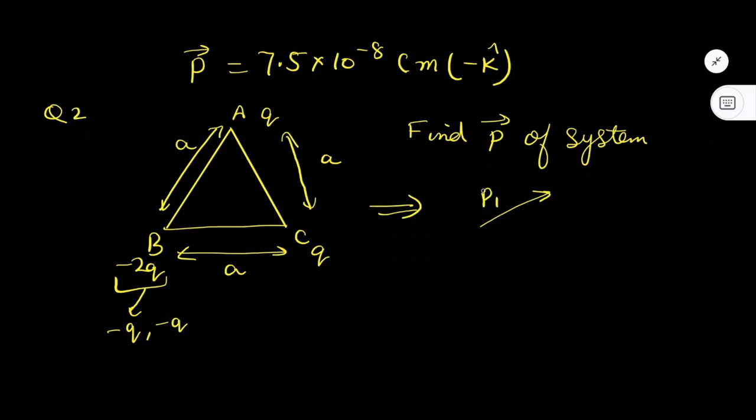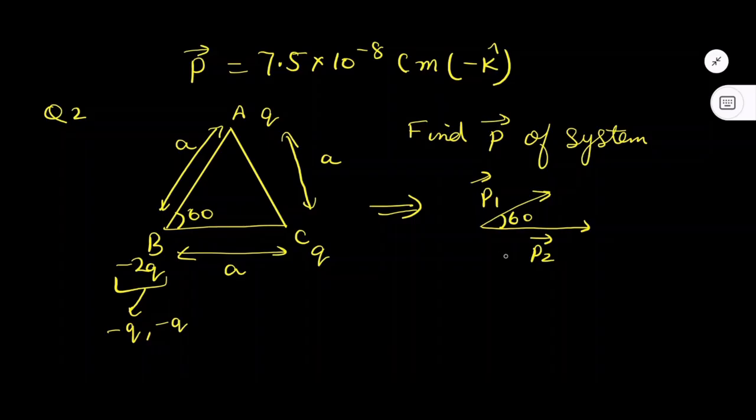So this will be our p1 vector, and this will be my p2 vector. We know that all the three sides are equal, so it will be an equilateral triangle, and the angle between them is 60. So this is the 60 degrees between two dipoles.